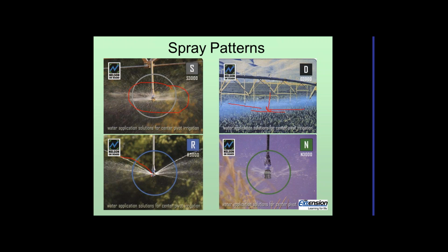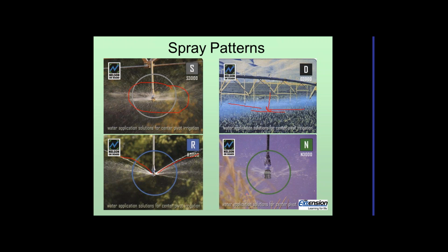This will have 2 to 4 streams of water coming out. It covers a larger area than either of the first two, but it again puts out a donut-shaped water pattern for the most part.